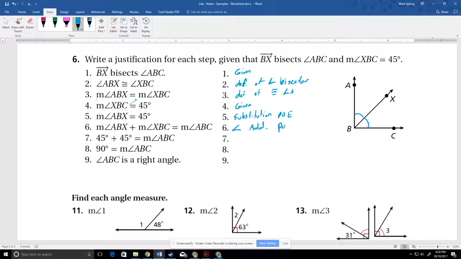When we have two adjacent angles that add to a larger angle. And then all we're doing here is replacing ABX and XBC with 45 because we know that they are 45 from previous steps. So I'm just doing substitution. And if you want to be sort of more clear with these as you go, we can also say, well, this was substitution and it was based on steps 3 and 4.